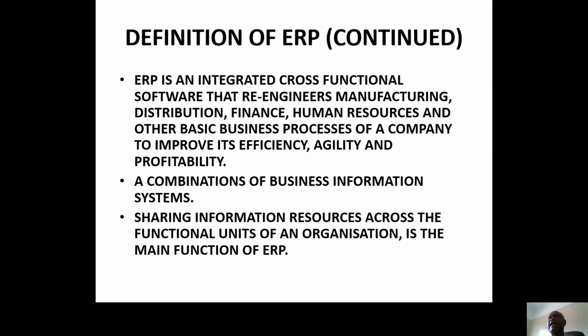In other words, it has a number of modules in it which we can use, but these are integrated because there is a combination, a sharing of resources. We have looked at database development, developing a new system, so we might be using a common database. Why? Because they're integrated.